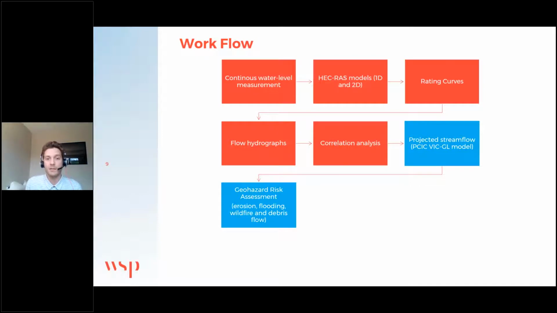Once we developed correlations, we analyzed projected streamflow data published by the PCIC with the VIC-GL model, and the impact of climate change was then included in the geohazard risk assessment for erosion, flooding, wildfire, and debris flow.